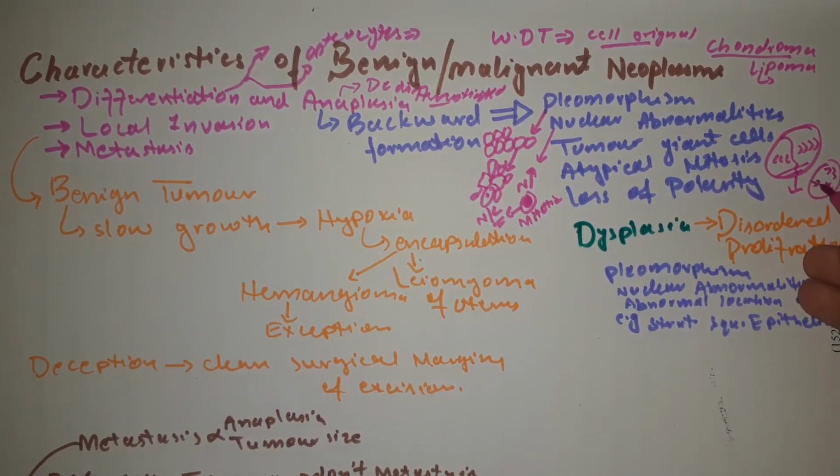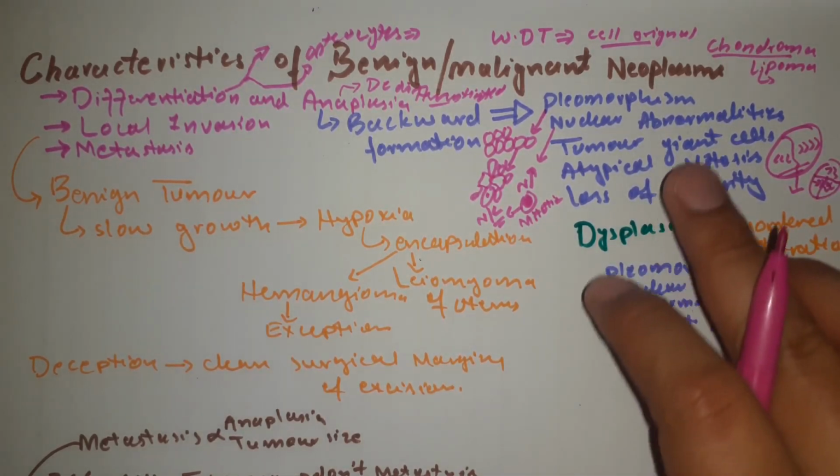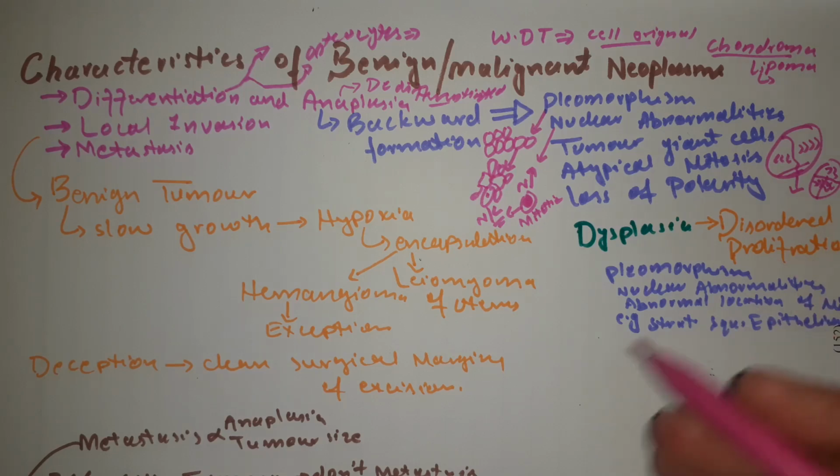Okay, or there can be four poles, and so on. So these are the different nuclear abnormalities which anaplastic tumors show, and there is increased nuclear to cytoplasm ratio. There are abundant mitotic figures, or abnormal mitotic figures, and abundant nucleoli, and so on.